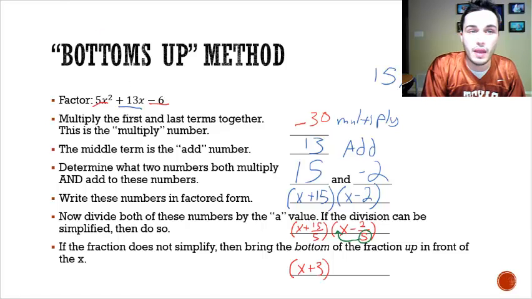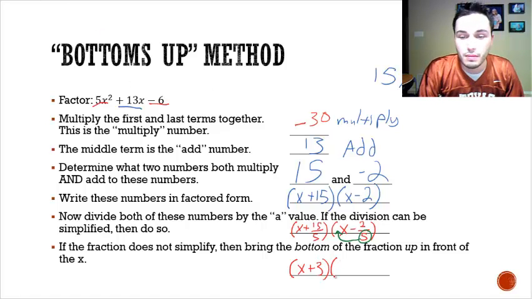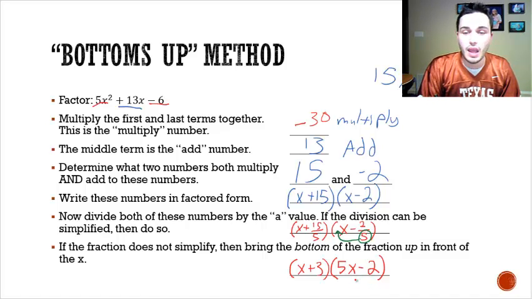So then I'm going to have 5x minus 2. This is not a fraction anymore, because I took the bottom part of the fraction and moved it up. Again, bottoms up. Moved up in front of my x. And now we have correctly factored this original problem down into here.